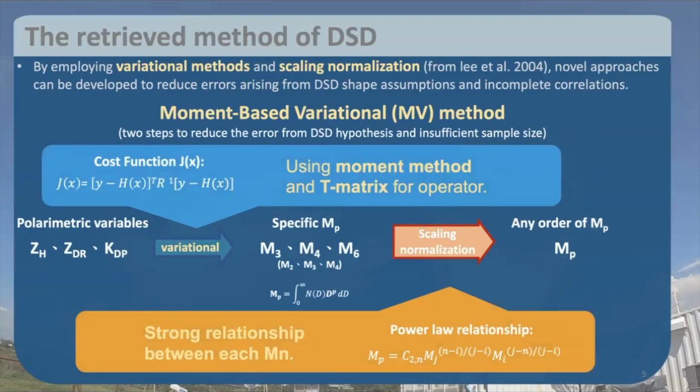Then, based on the scaling-law normalization, if we normalize the DSD, we get a very strong relationship between each moment. So we get the statistics of this relationship, and we can get any order of moment we are interested in.